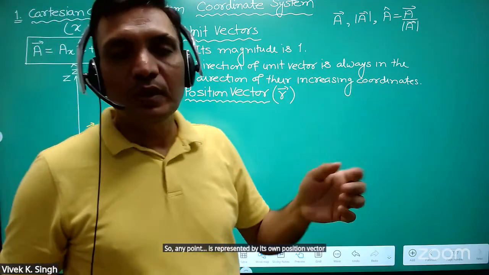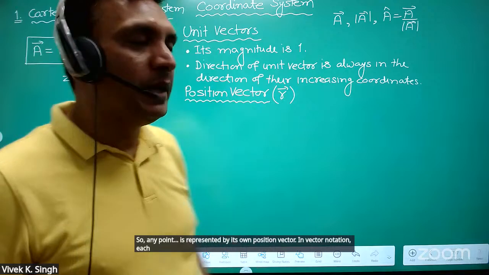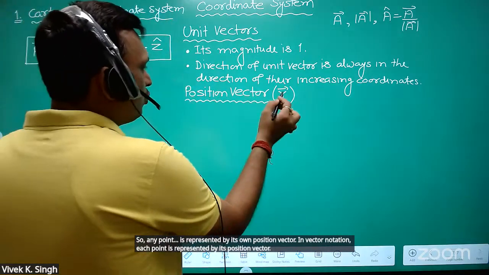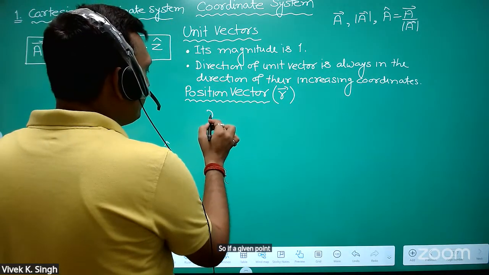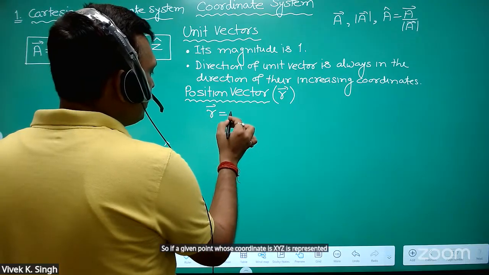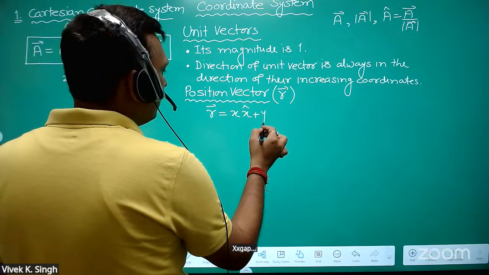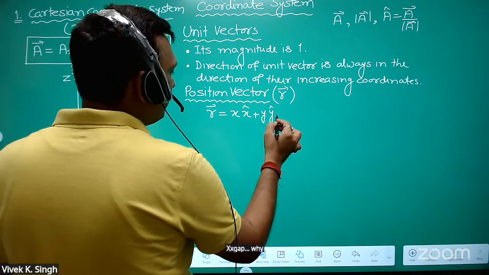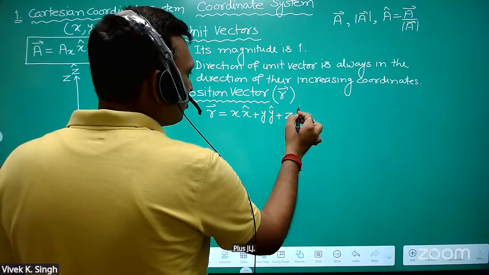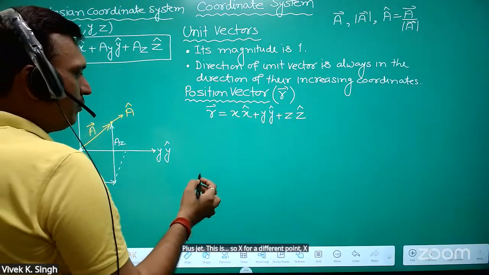In vector notation, each point is represented by its position vector. So a given point whose coordinate is x, y, z is represented by its position vector x x cap plus y y cap plus z z cap. For different points, x, y, z will be different.